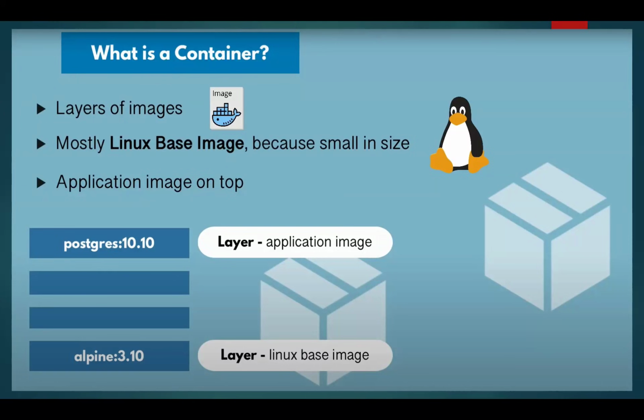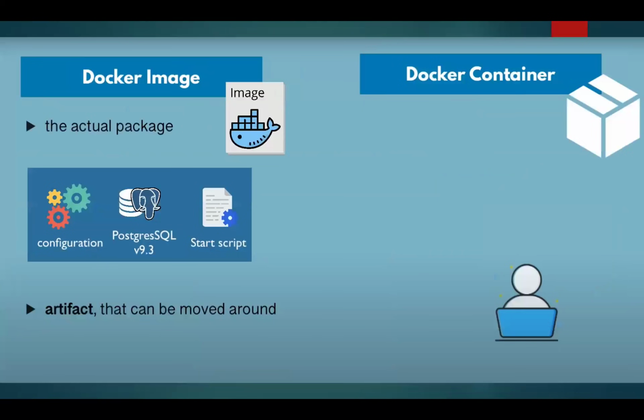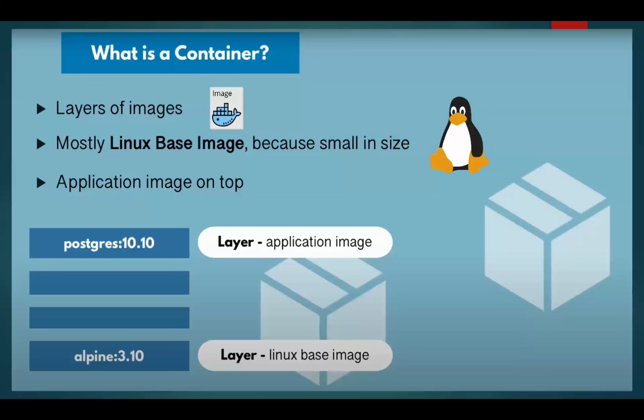So container is made from the image. An image has a lot of steps or layers, in which each layer mentions the operating system. It might be too much talking. Did you get anything? Yes.